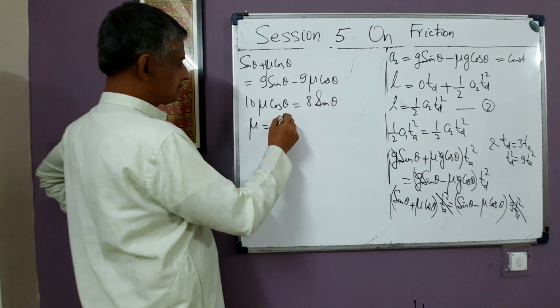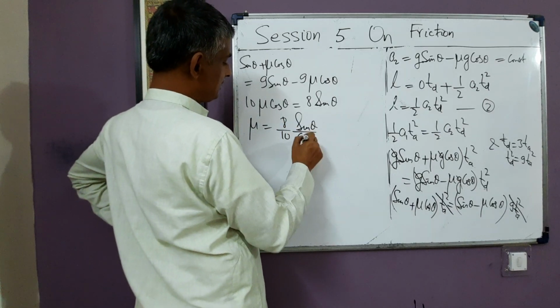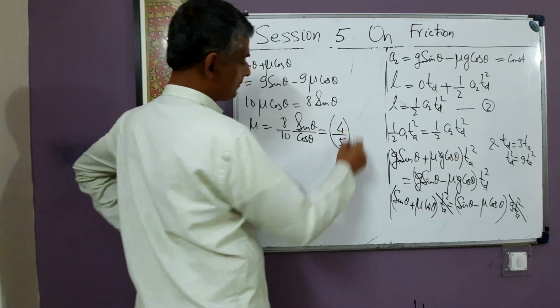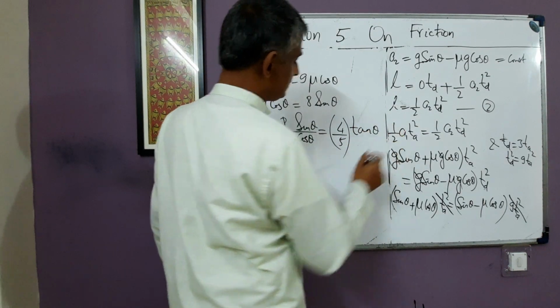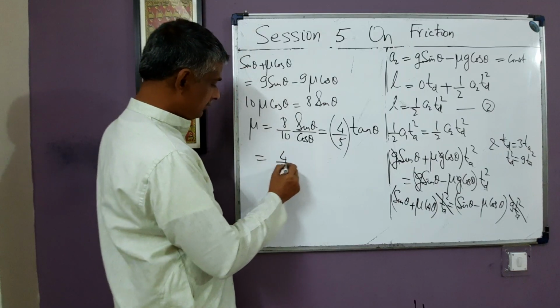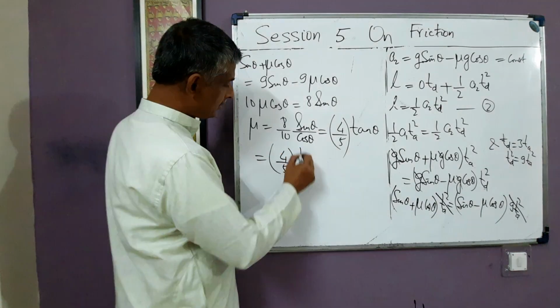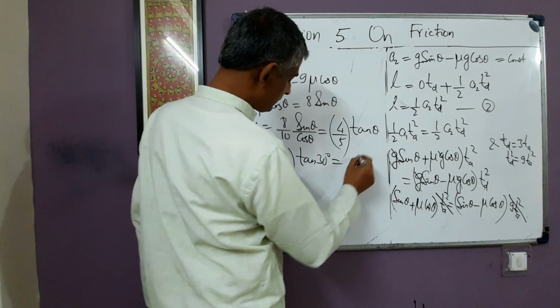So mu becomes 8 by 10 sin theta by cos theta, and 8 by 10 is 4 by 5. Sin theta by cos theta is tan theta, so mu is 4 by 5 tan theta. Theta is 30 degrees, so this becomes tan of 30 degrees, which is 1 by root 3.